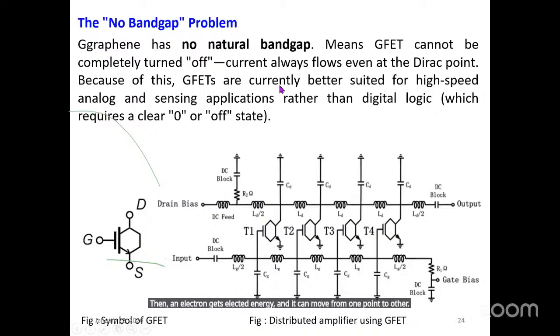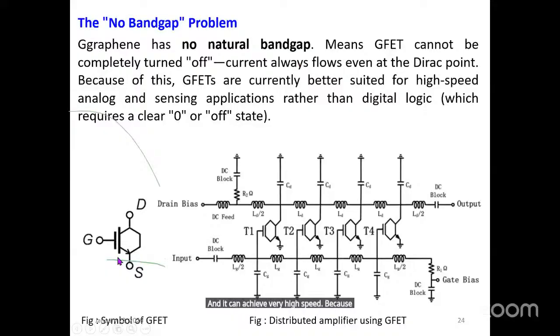And the electric field is to be maintained constant so that the current can achieve its drift velocity. This problem is not there in this graphene FET, and because of that, this device has very low power dissipation, and it can achieve very high speed.